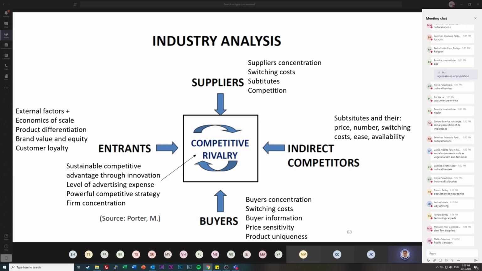So indirect competitors, what is it? If there exist some substitutes, and if yes, how is their substitution power in terms of price, in terms of number of substitutes, in terms of switching cost, the ease of switching to change the product, and in terms of availability.